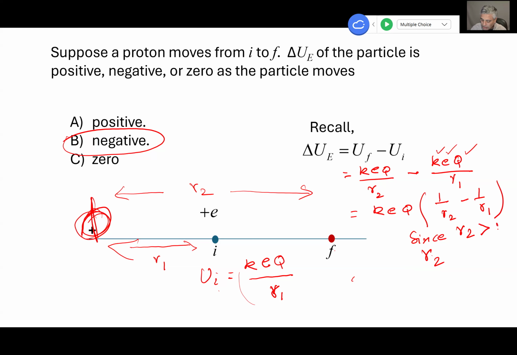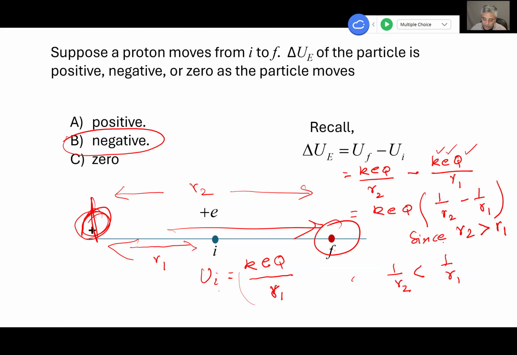R2 is bigger than R1, because the final point is A, right? What happens? That means 1 over R2 is smaller than 1 over R1.